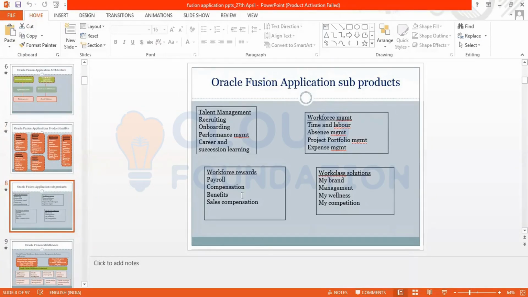So sub-products are workforce reports, payroll, compensation, workforce planning. We have my brand management, my wellness, my compensation, all these things are there. Talent management, recruiting, onboarding, performance management, career and succession planning. All these things come from human capital management.